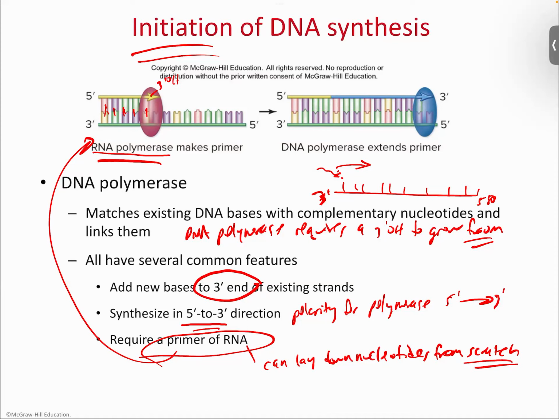Your polymerase now has what it needs in order to extend off of that. So your RNA primer gets laid down as a starter to give your DNA polymerase something to work from. And then once you have this, your DNA polymerase can take this and fill in the rest. But that's an initiation thing, right? So you have to get that DNA polymerase started.